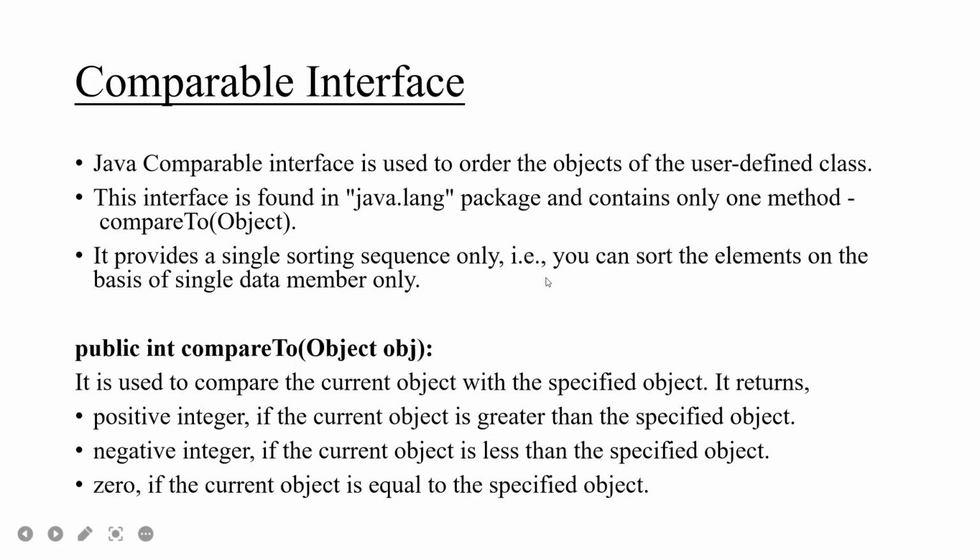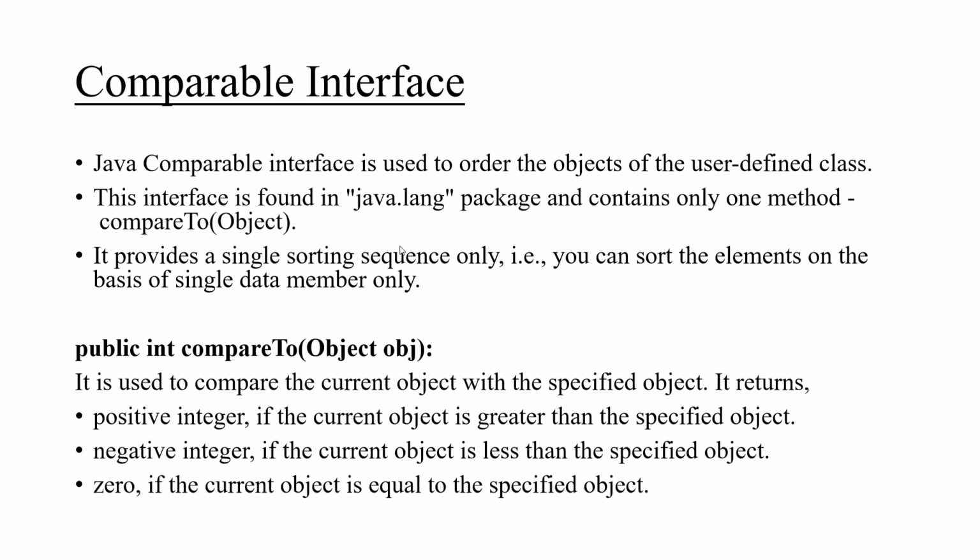So this is the Comparable interface. The Java Comparable interface is used to order the objects of a user-defined class. As we saw, we had a user-defined class called MobilePhone and we wanted to sort it. So if we have user-defined classes, then we need to implement the Comparable interface in order to call the Collections.sort method. This Comparable interface is found in the java.lang package and it contains only one method, compareTo.